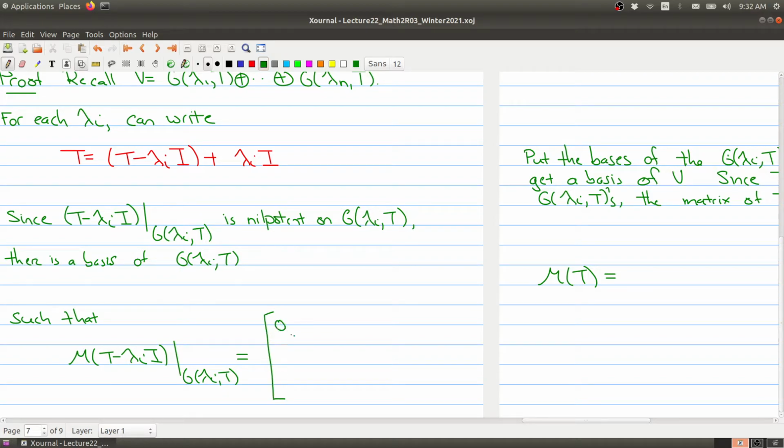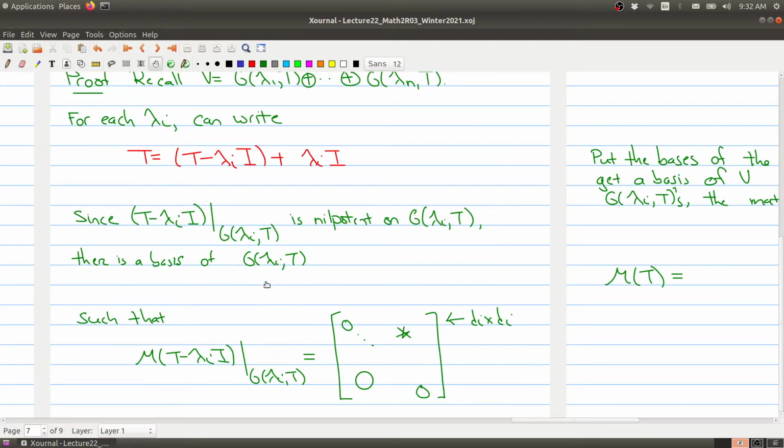It has to have zeros down the diagonal. It has to be an upper triangular matrix, and there could be some non-zero things up there. And because my space is d_i dimensional, this would be a d_i by d_i matrix. So we're using the result from last class, which says that any nilpotent operator on a space has an associated matrix of this form.